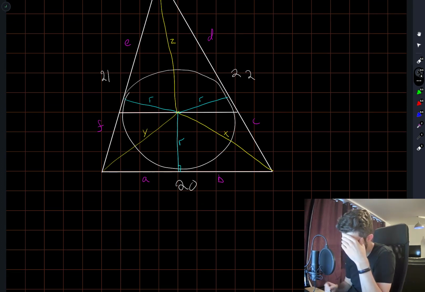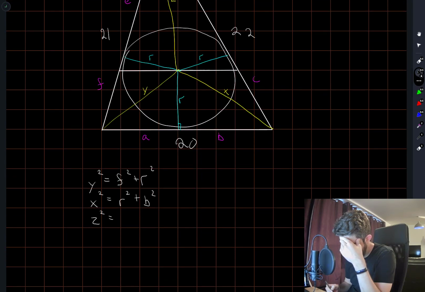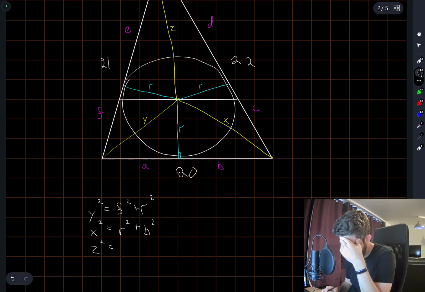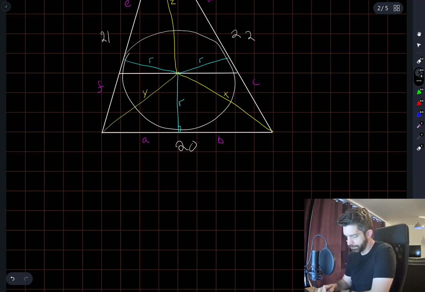What the... y squared is equal to f squared plus r squared. X squared is equal to r squared plus b squared. And z squared is equal to... Oh, wait. Hold on. Okay.